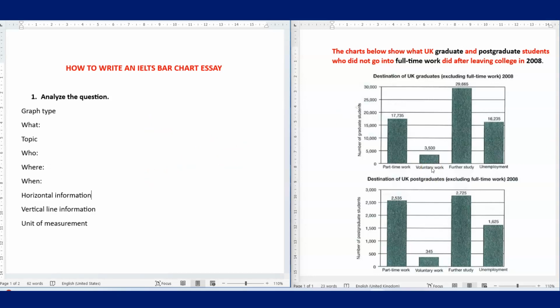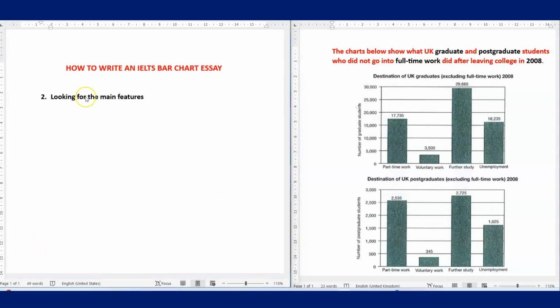What happens is that you now have a clear view of what the whole thing is about, and if you have to explain it or restate it in your own words, it becomes very easy to go through. After analyzing the question, the next thing to do is to look out for your main idea. This is very necessary, because the question tells you to summarize the information by selecting and reporting the main features, and make comparisons where relevant.